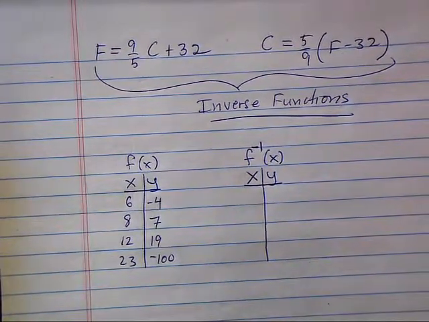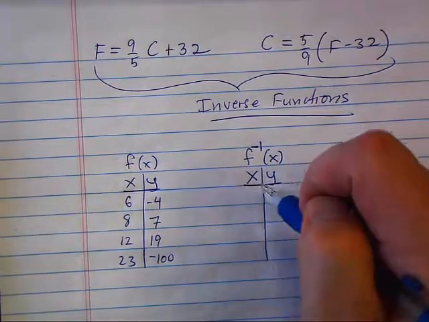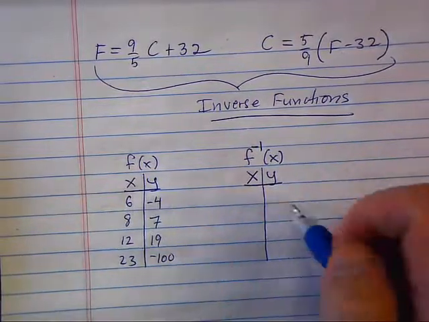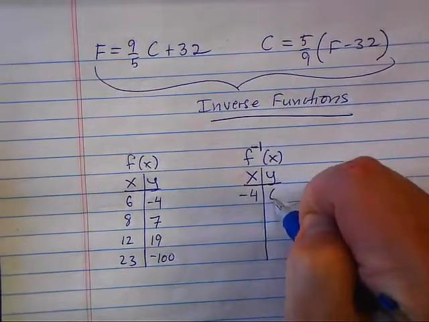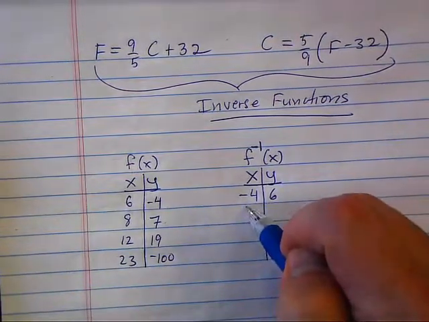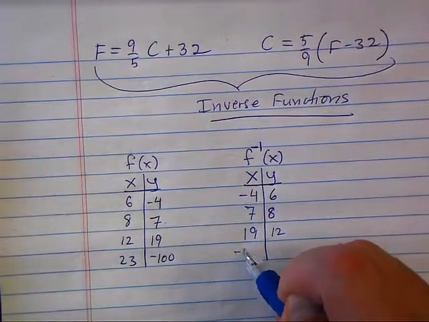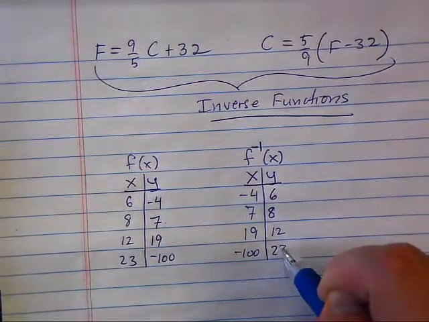What's the inverse function going to be? What do you mean by opposite? Instead of 6 and negative 4, I'm going to have negative 4 and 6. And instead of 8 and 7, I'm going to have 7 and 8. 19, 12, negative 100, 23.